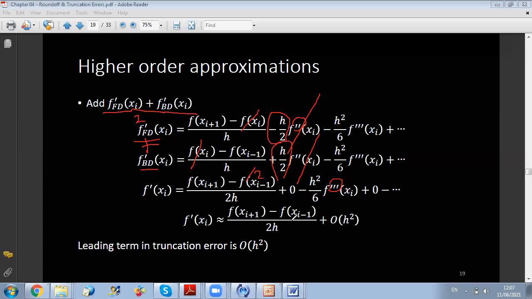So it's minus h squared over 6 f third, and then you will have the term for f fifth, etc. So when we do the addition, only the odd derivatives will remain, and therefore when you do truncation, the dominant term in the truncation error is the first term here. After that, the zero term will not affect the result. So it is of order h squared.